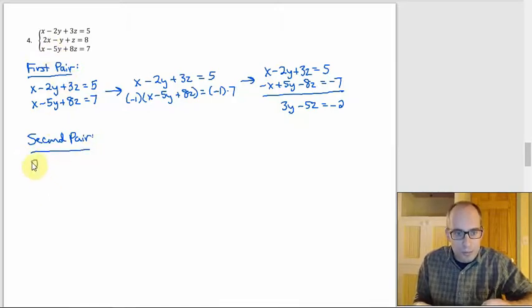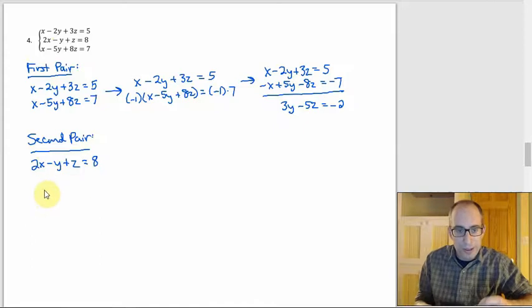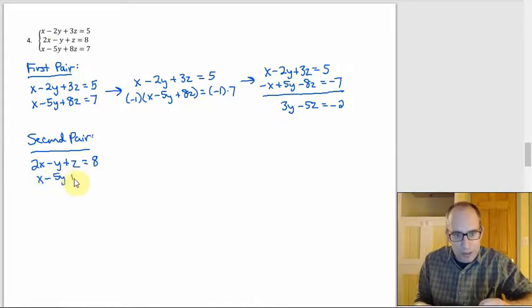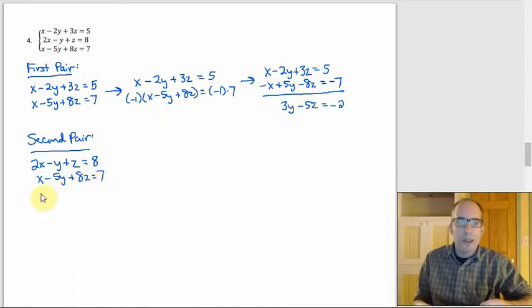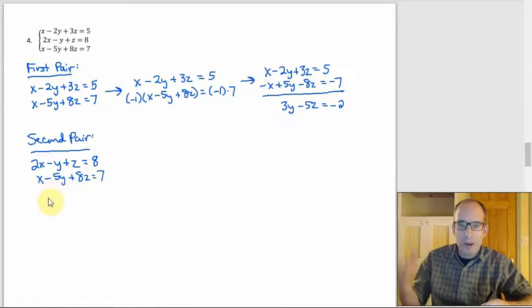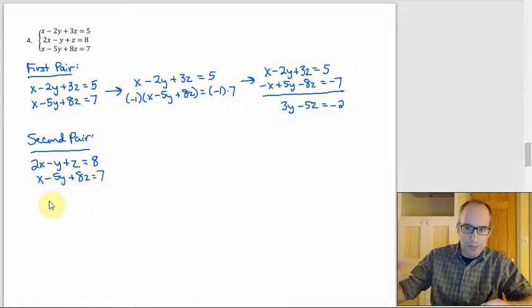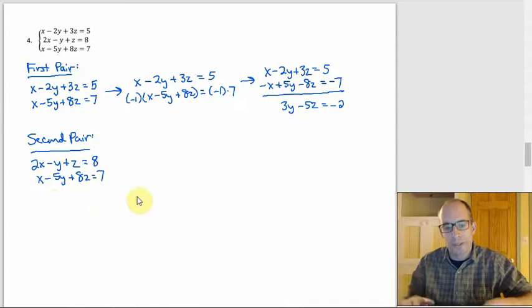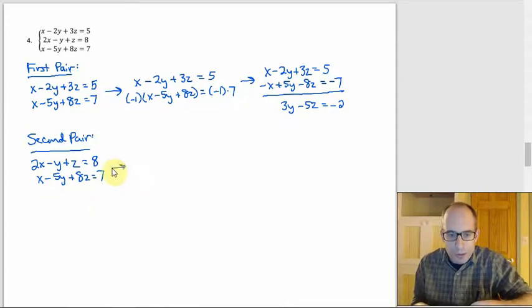The 2x minus y plus z equals 8. Haven't used that one, so we got to use it here. And then I use the one underneath, the x minus 5y plus 8z equals 7. And then I thought, oh, if we multiply both sides of the bottom by negative 2, then we'll have a 2x and a negative 2x. Those are going to be additive inverses, so that seems like a good way to do it.